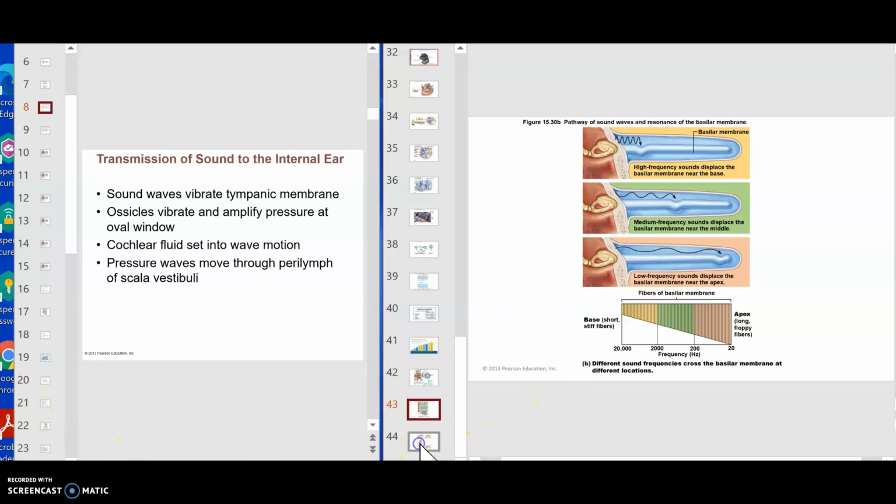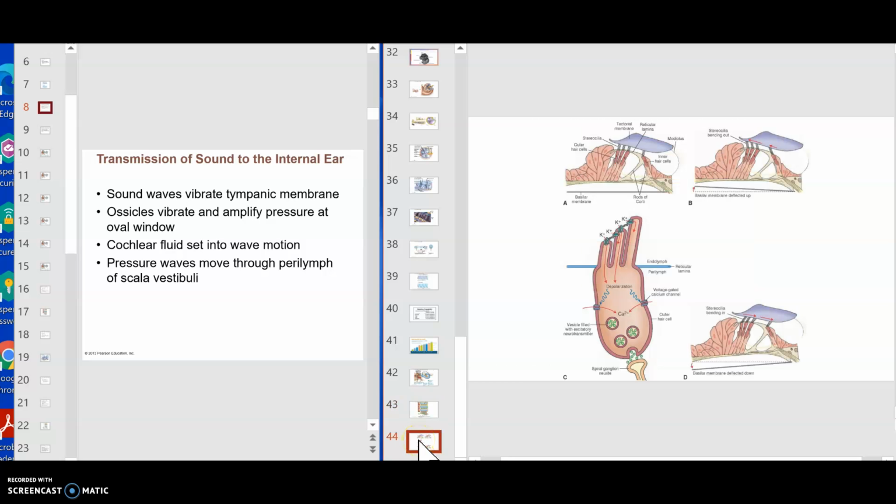Now, we go here to this one. So how does all this work? This is the way it'll all work. When the inner hair cells, right here, that hair is pushed on, it vibrates because it is resonant, matching that vibrational frequency.